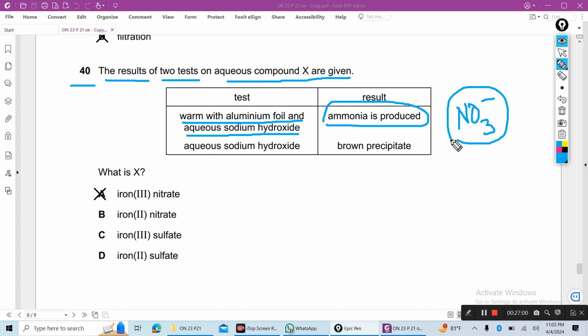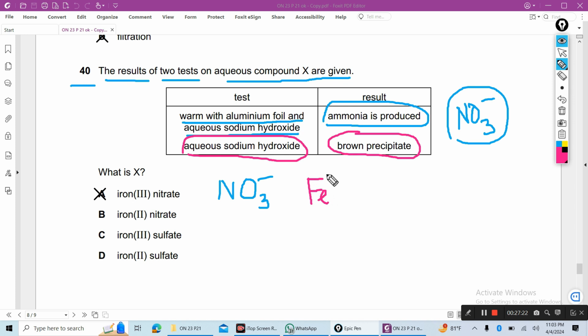Then aqueous sodium hydroxide, if you add it, a brown precipitate forms, and you know iron(III) ion reacts with sodium hydroxide to produce iron(III) hydroxide, a brown precipitate.